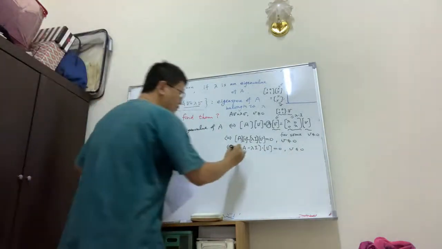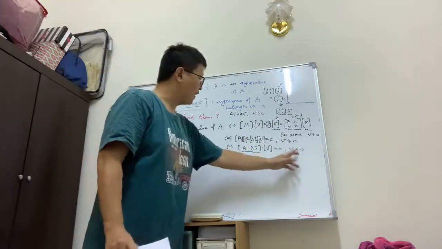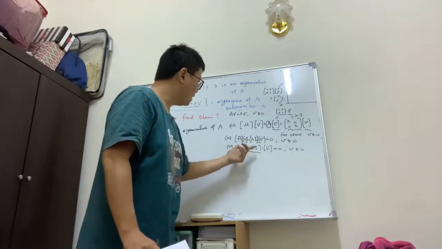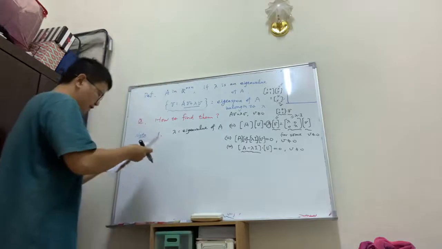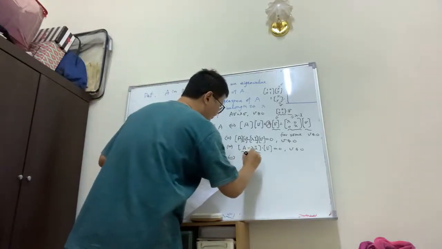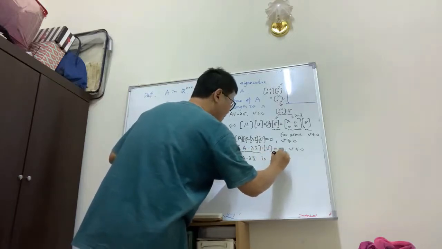What does it mean? When you consider A subtract lambda I, you can find some non-zero vector v such that this matrix times v is 0. Actually, it means that A subtract lambda I is not invertible.